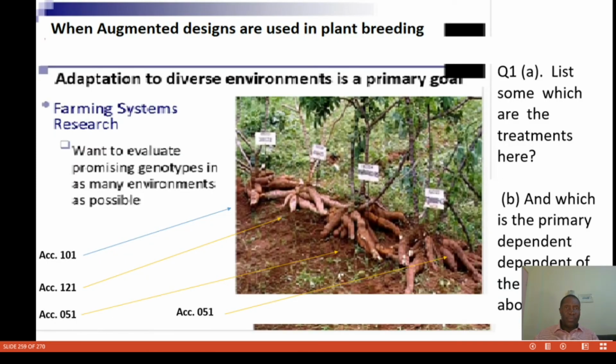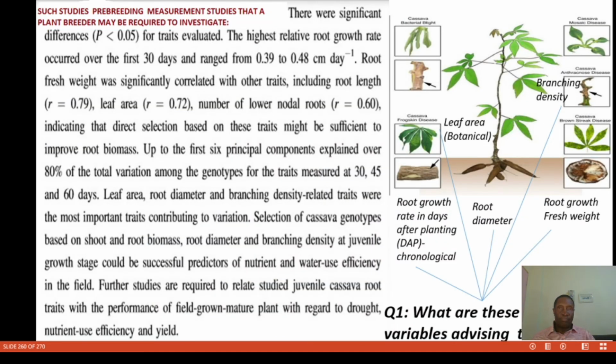Now, let's remember our augmented designs that are used in plant breeding. And you have those where you have the 4 accessions there, as you can see. And so as we go on, let's look at how the issue of the correlation is associated with other things when you are looking at the genotypes as the independent variable affecting some of the growth responses.